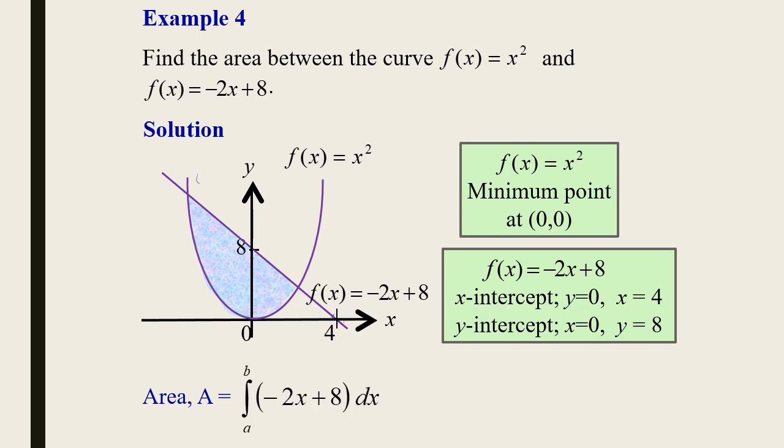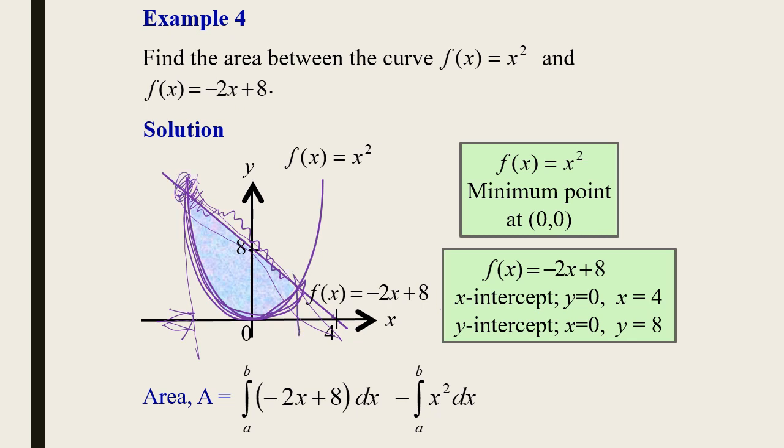The graph at the top is negative 2x plus 8, minus the graph at the bottom, which is x squared. But do we know which part to which part we need to integrate? It should be from the left side of the x-axis, the smaller value, to the bigger one.